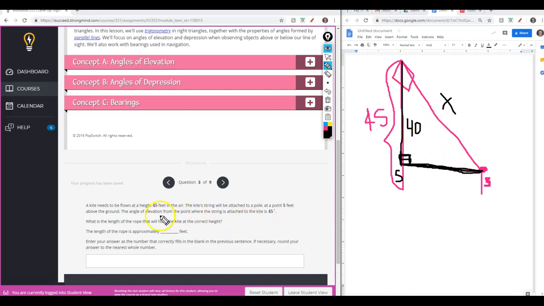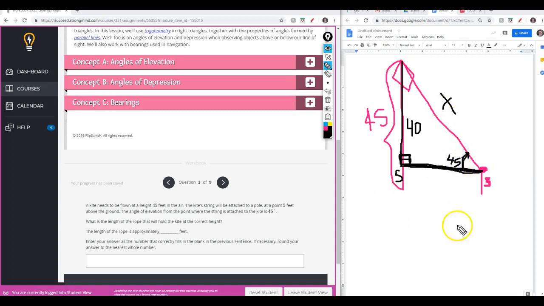And it says the angle of elevation from the point where the string is attached to the kite is 45 degrees. So this angle is 45 degrees. So again, angle of elevation is from the horizontal line to the line of sight that is occurring.